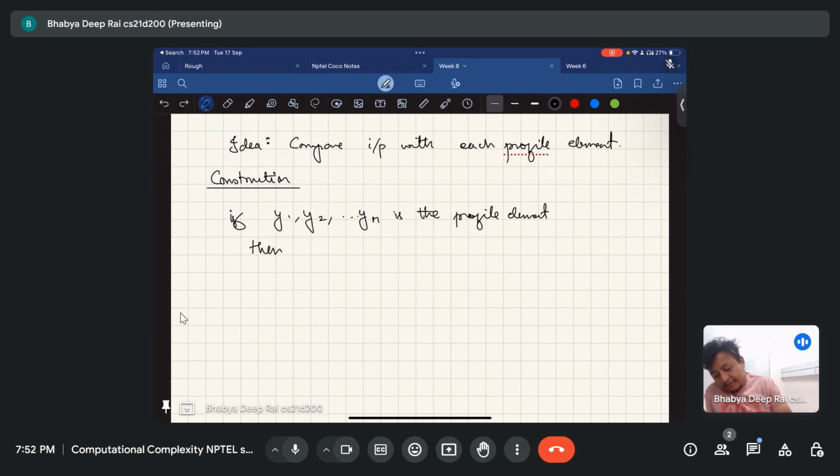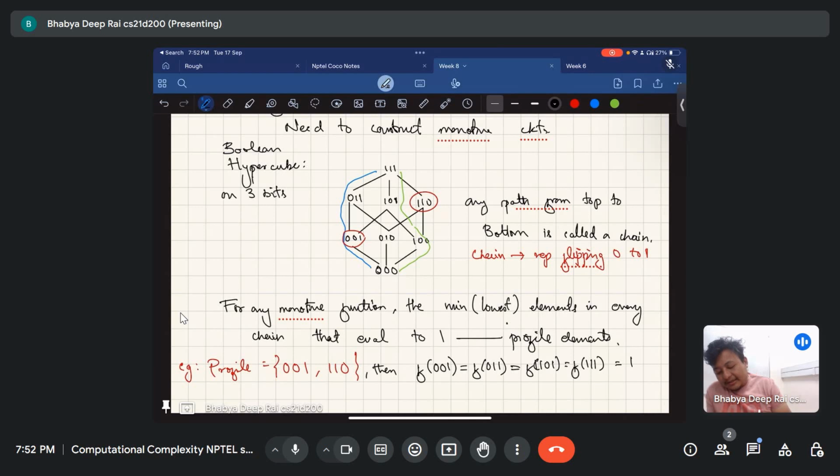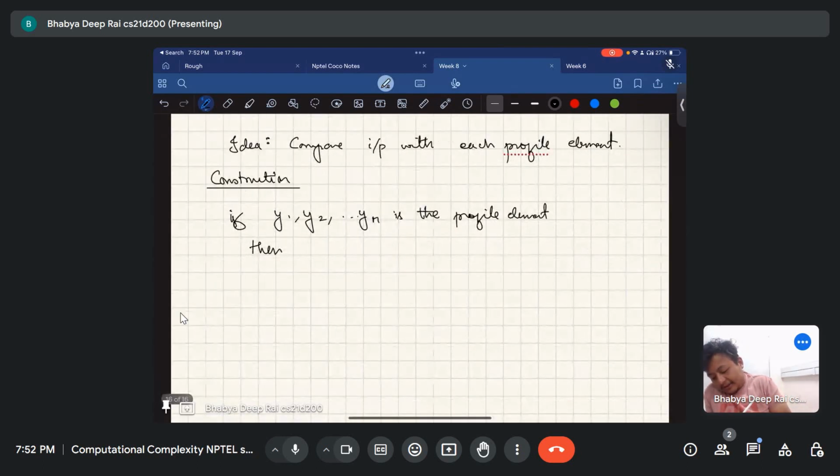then you want to check whether the ones are there. Now these yi's are fixed, these are constants, because for that particular function the profile is fixed.